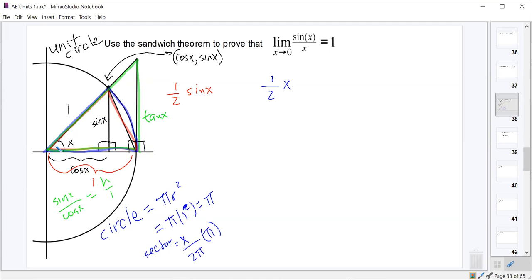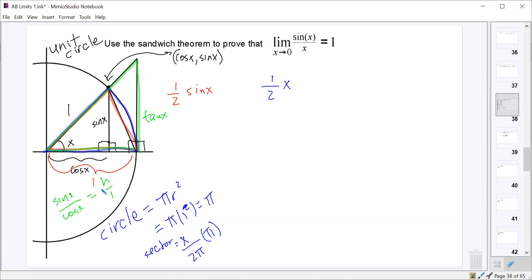Alternatively, we could have just said that the tangent of this angle x ought to be this opposite side over the adjacent side, which would have been tangent x equals this height over 1 also. So either way, it'll get tangent x as that height. Everybody okay with that? Yes. All right.